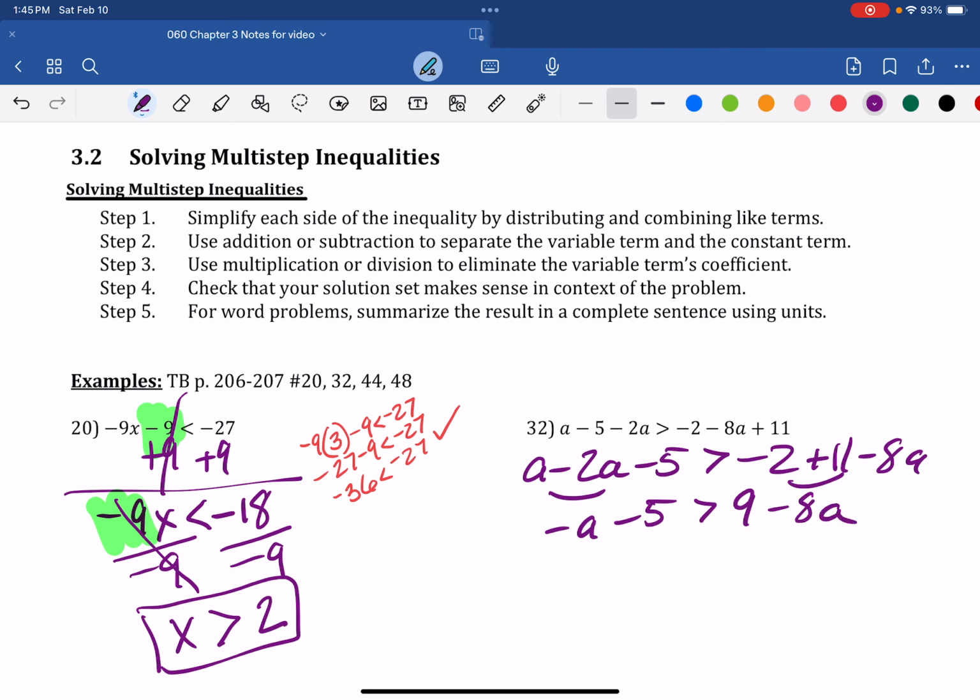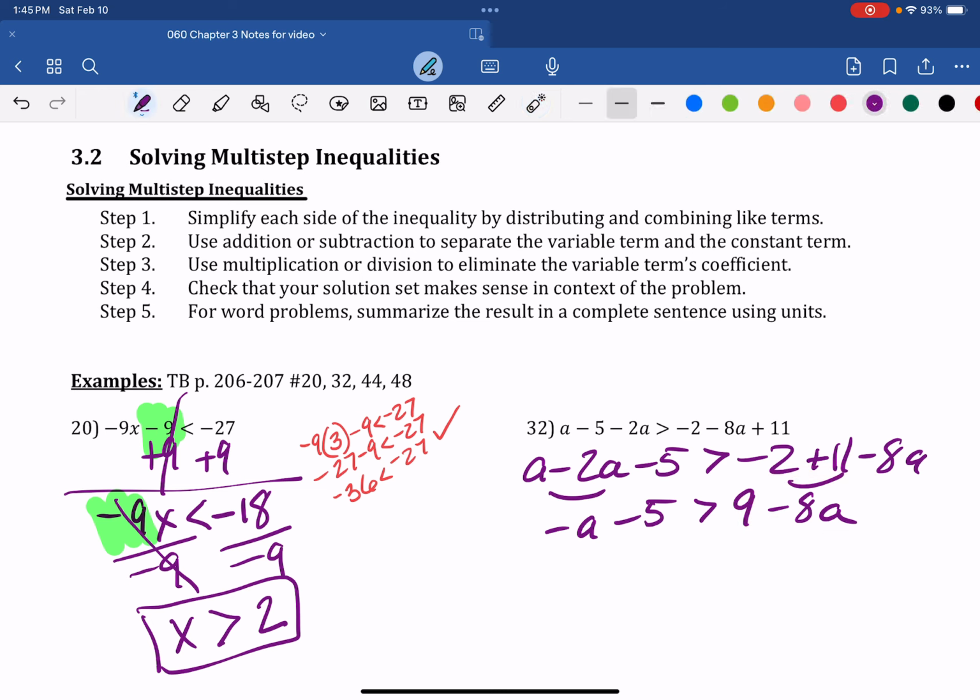And now we can go on to step 2, which is using addition or subtraction to isolate the variable. And you actually get to decide whether you want the variable to be on the right or the left. It's up to you.